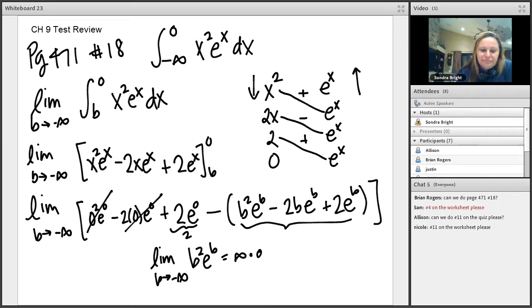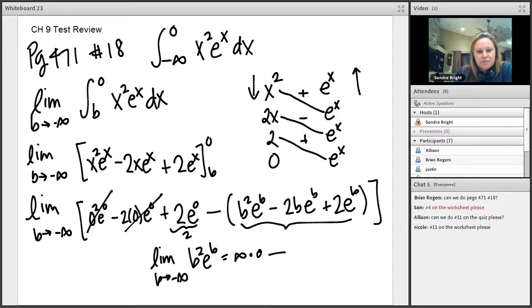I really just want to cheat and say e to the infinity is going to go much faster than b squared. So the e to the b overpowers it, but whatever.